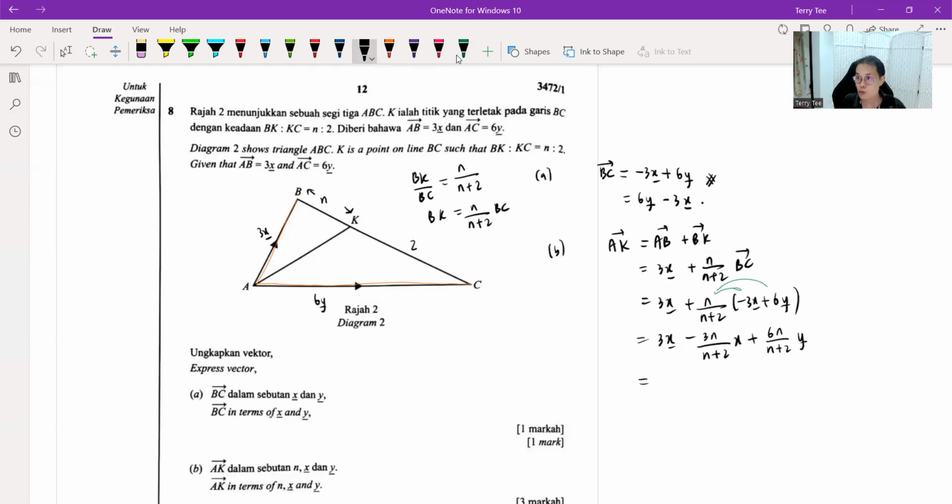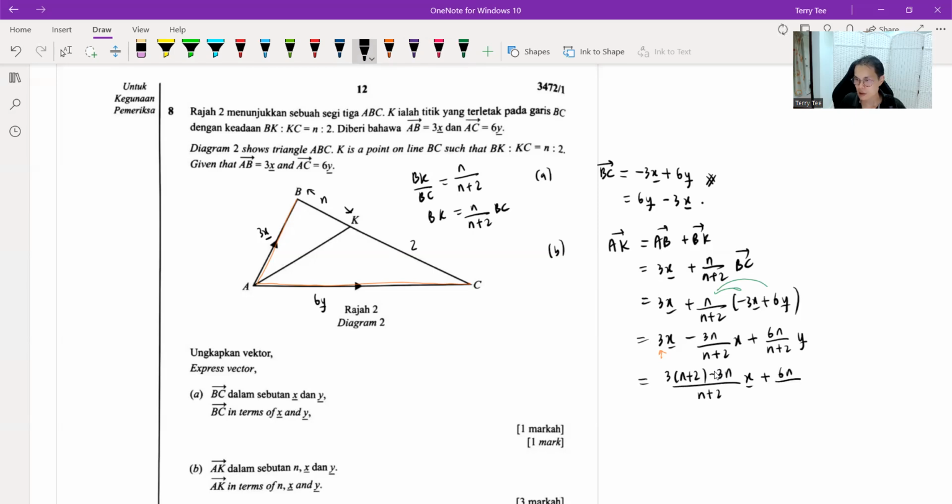Now I just have to group them together. These two, when you group together, notice that your coefficient of x, your 3 here, doesn't have this denominator. So we need to multiply top and bottom by n plus 2. Maybe I write like this, 3(n plus 2), right? Then I put them together. This is minus 3n divided by n plus 2, take out the x.